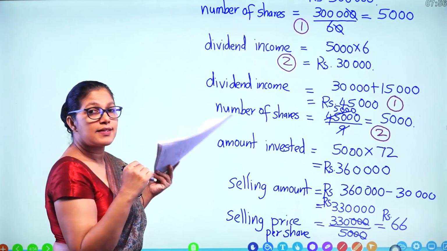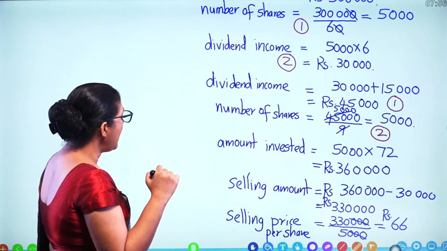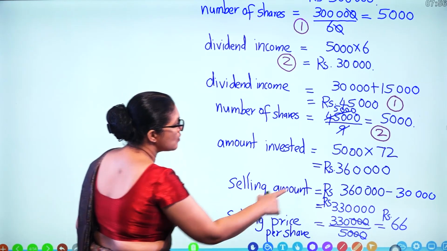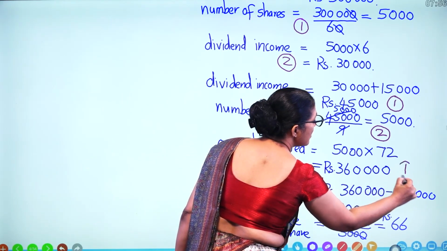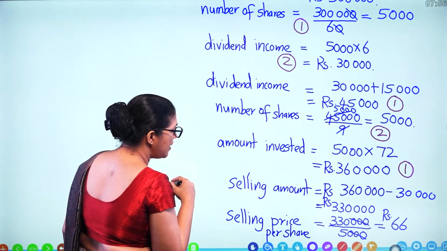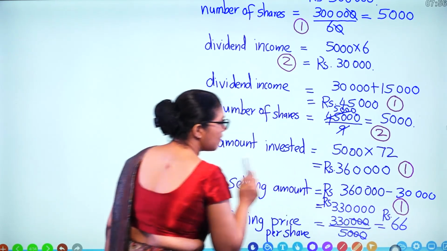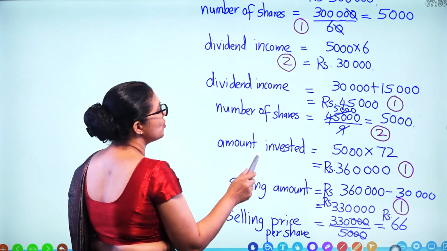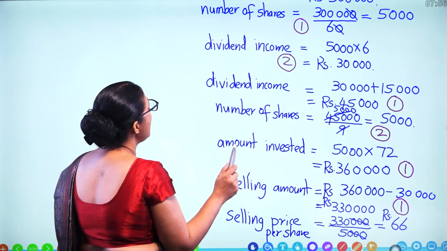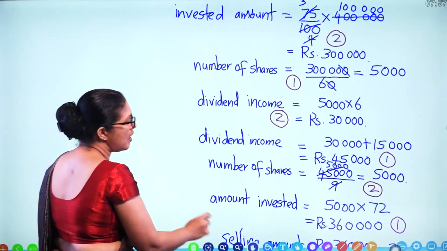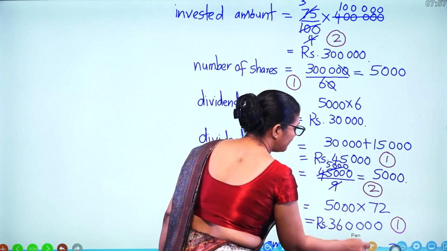So that's 6 plus 2, 8, then 9 and 10. Final answer 1 mark. 1, 2, 3, 4, 5, 6, 7, 8, 9, 10. So 10 marks altogether.